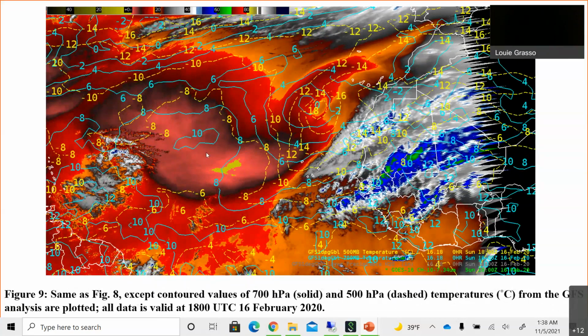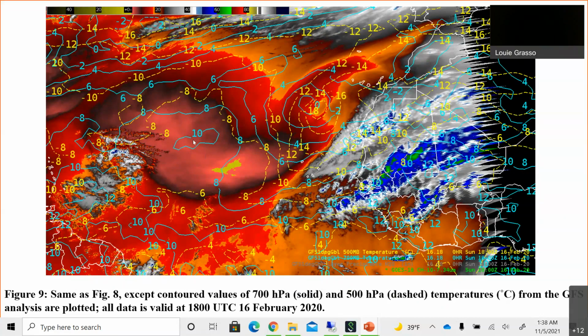So what I want to show is that the actual air temperatures cannot account for that large brightness temperature decrease of about -15, -16. So here in this solid contour is 700 millibar temperatures, and they decrease from 10 to about 6. So that's only 4. And when you head off to the southeast, you go from 10, 8 back to 10.